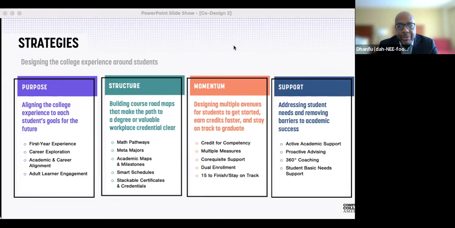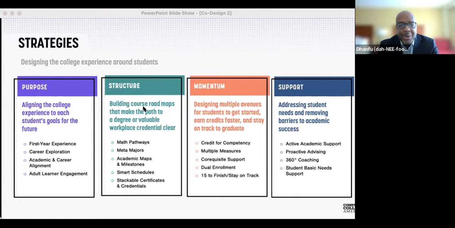Across every single one of these pillars, there is a digital learning infrastructure, technological solution component to them. And we know what some of those are, but really we're trying to find out what's the connection between each of these and this larger conversation around digital culture.